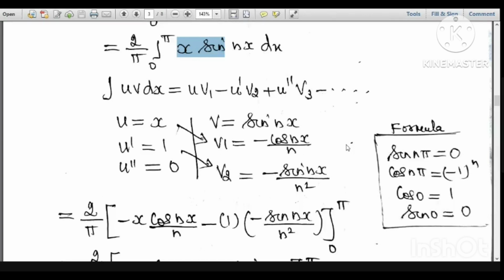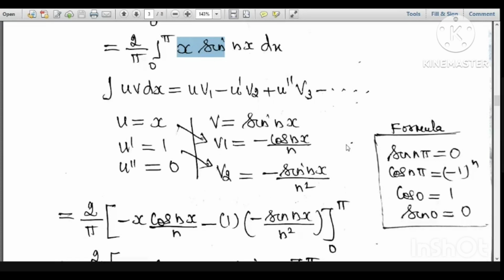So u dash, u double dash, u triple dash are all differentiations. v1, v2, v3, v4 are all integrations. When u is equal to x, what is u dash? Differentiating x one time, you will get 1.